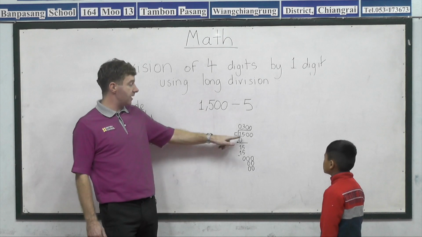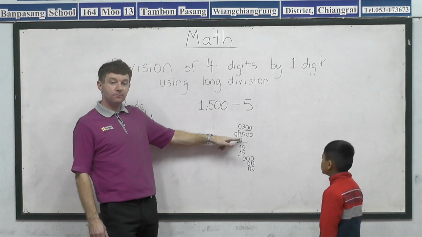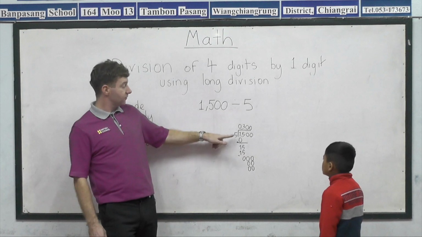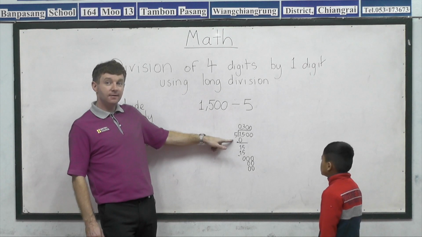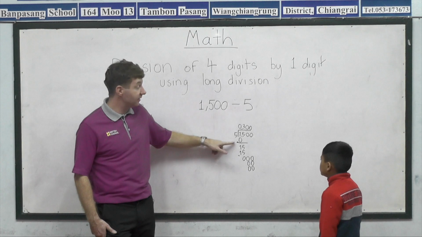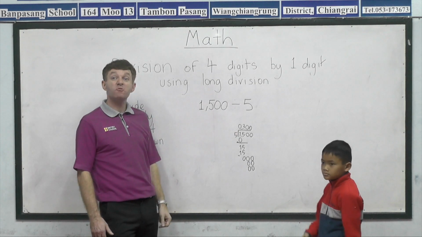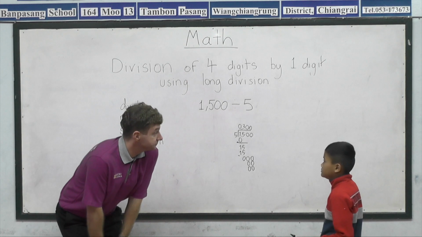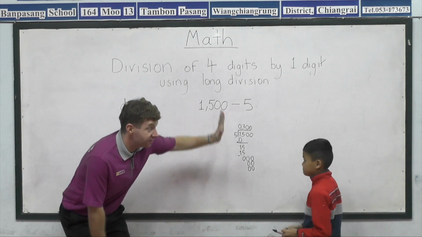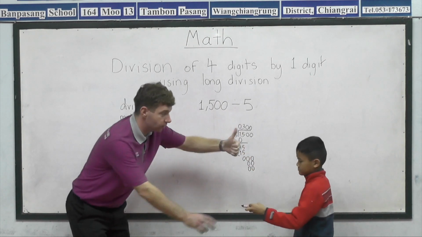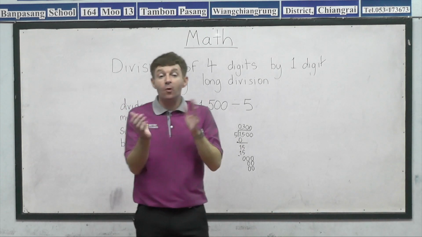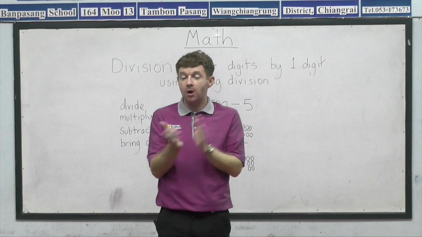So we can say 1,500 divided by 5 equals 300. Is that right? Are you happy with it? High five. Big round of applause for Chu. Great job. A great round of applause for everybody doing such a great job.